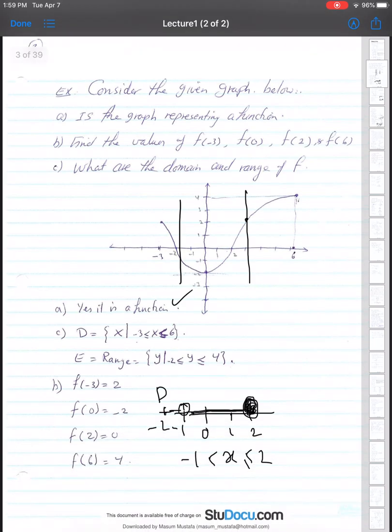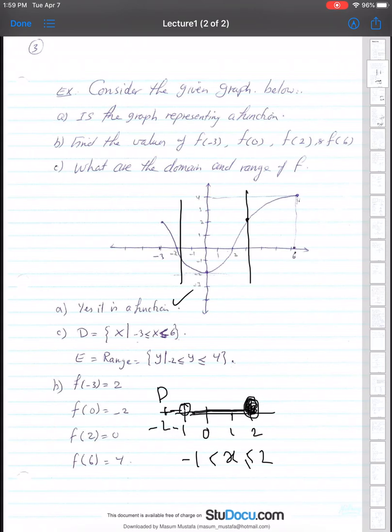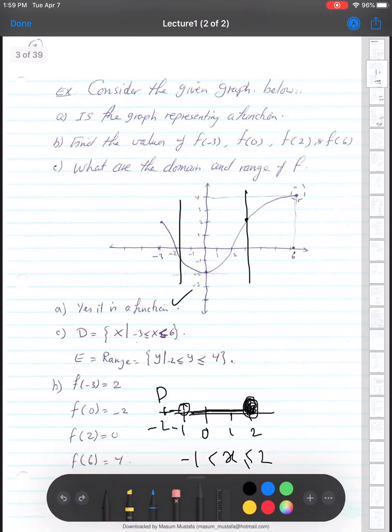One thing I would like to add is, if you look at these circles here, these are all filled circles, which tells you these values are included in the domain of the function. If you have an open circle, that means those values are not included in the function.